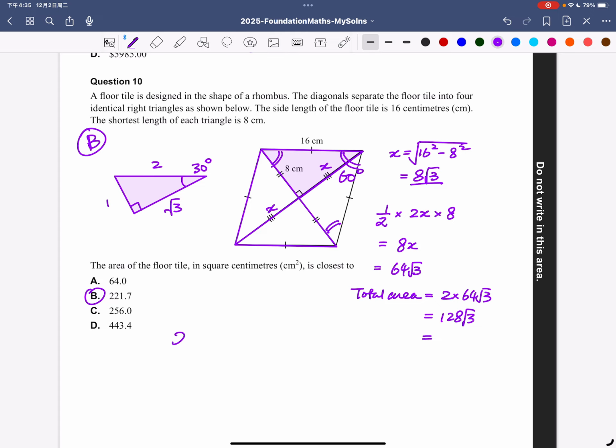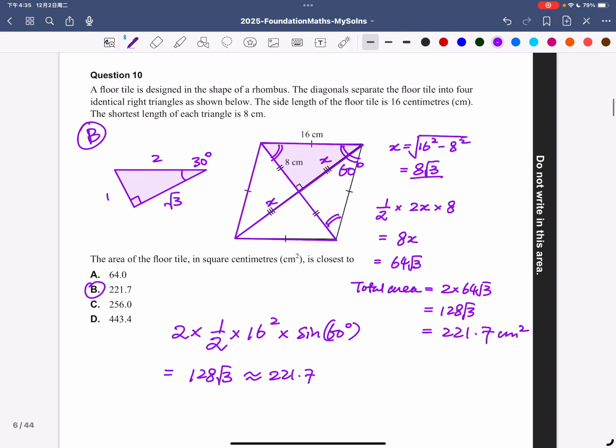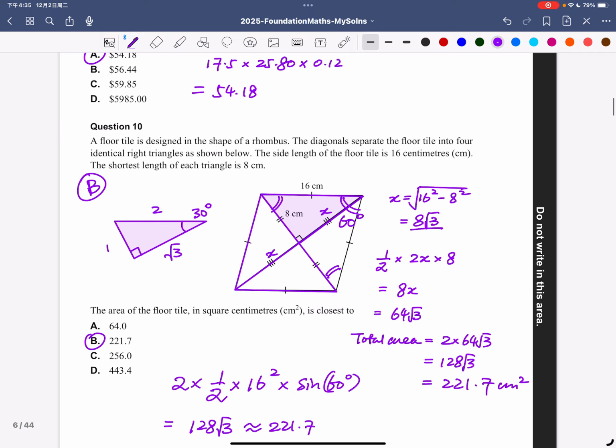You could do 2 times half times 16 times 16 times sine 60 degrees, and still get 128 root 3, which is rounded to 221.7 centimeters squared. Or you might want to use Heron's formula to calculate the area of each triangle and then get the total. So that's question 10.